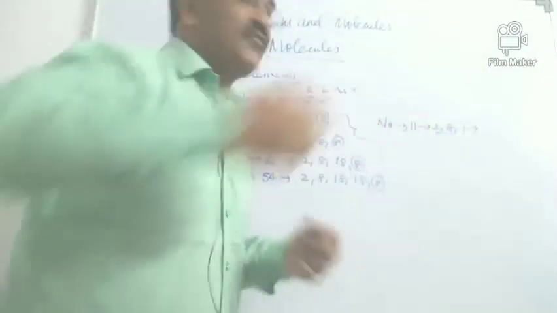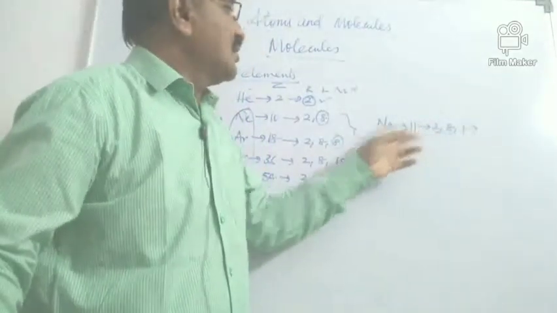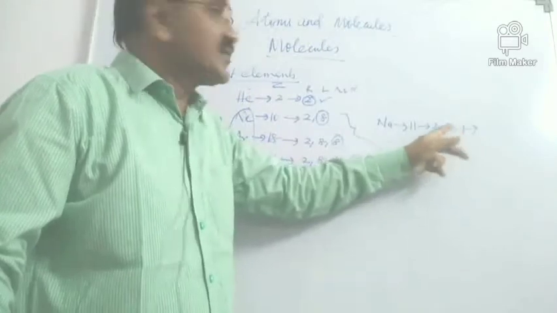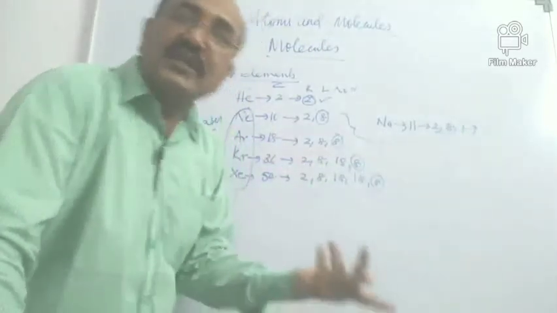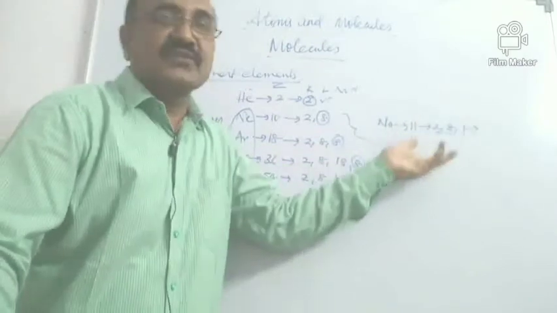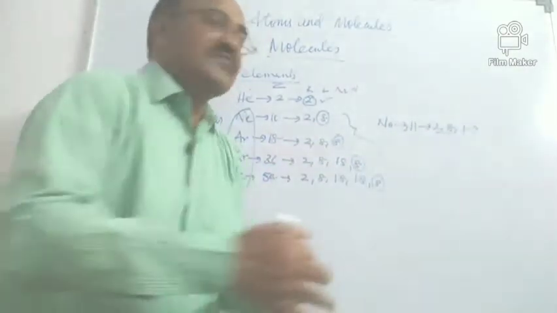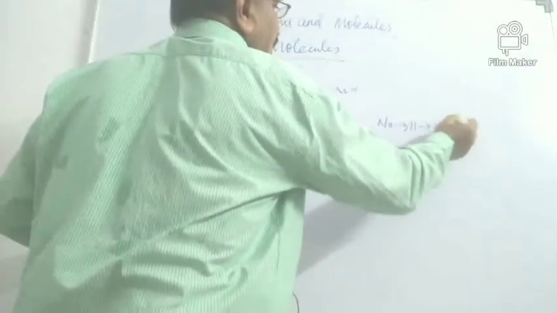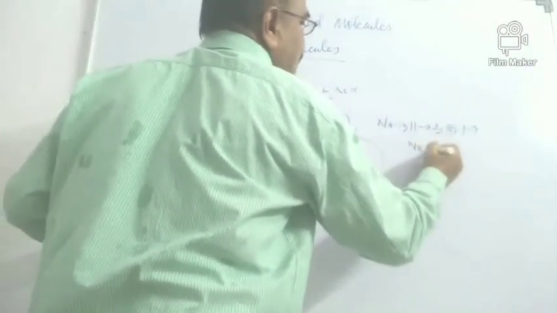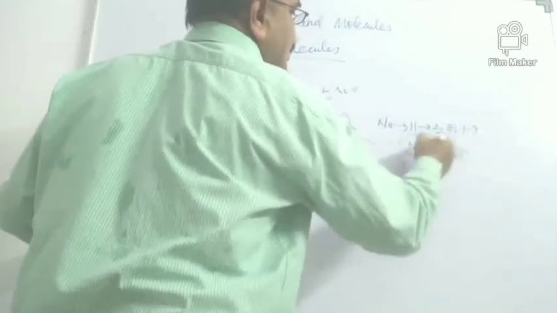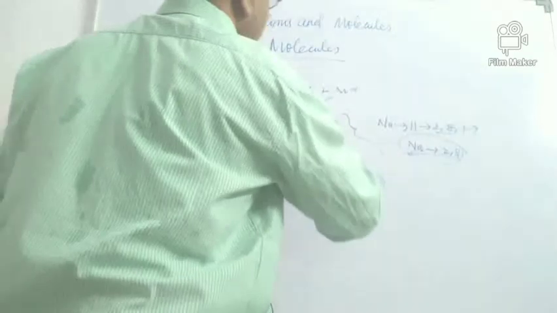So it wants to lose this one electron and form the electronic configuration of neon. Its outermost shell, that is the second shell, will then have 8 electrons, and that is the reason why sodium wants to lose one electron. When it loses an electron, sodium gets the 2,8 configuration. So sodium now gets the configuration of neon, and due to which it also becomes stable.